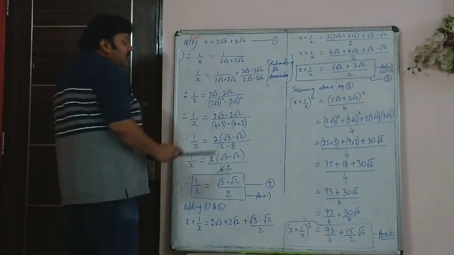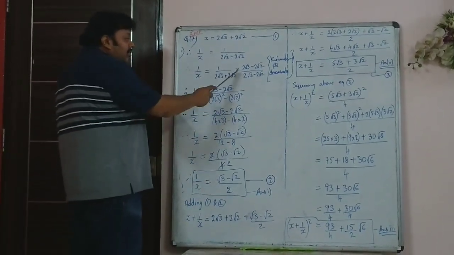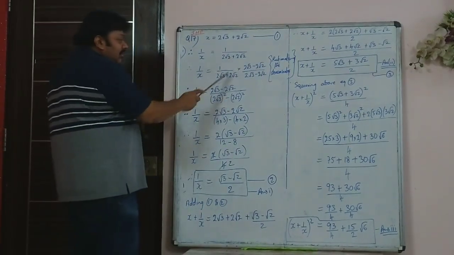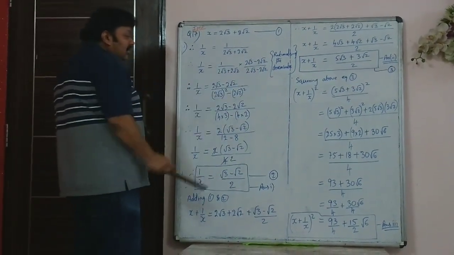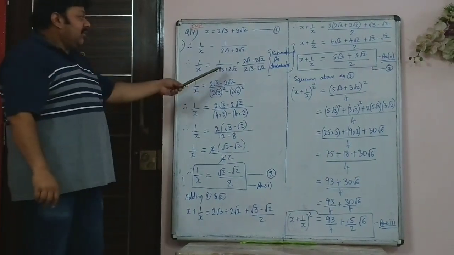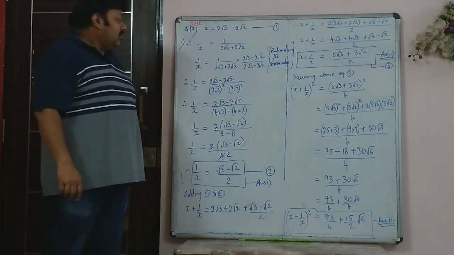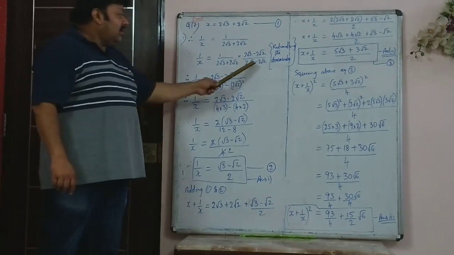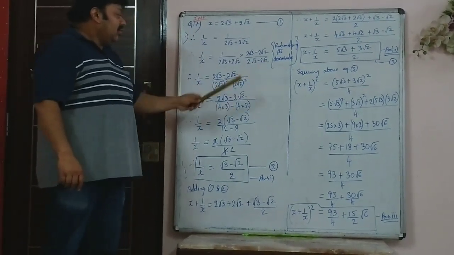So 1 upon 2 root 3 plus 2 root 2, multiply and divide by 2 root 3 minus 2 root 2. The same number but with opposite sign. So on simplifying, the numerator is 2 root 3 minus 2 root 2. The denominator becomes 2 root 3 the whole squared minus 2 root 2 the whole squared.